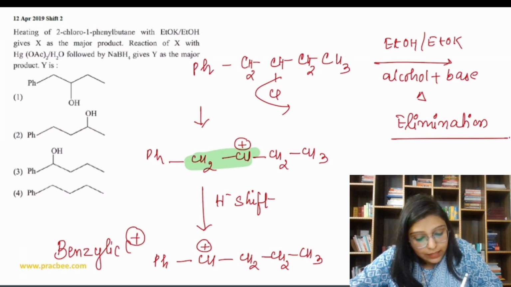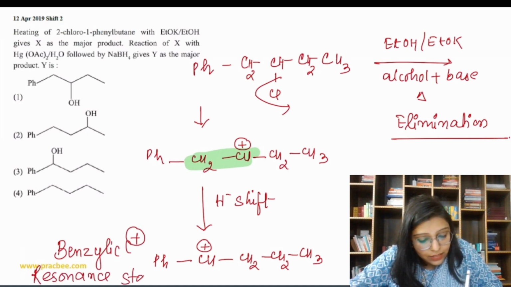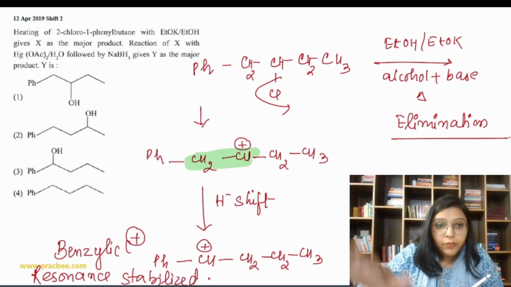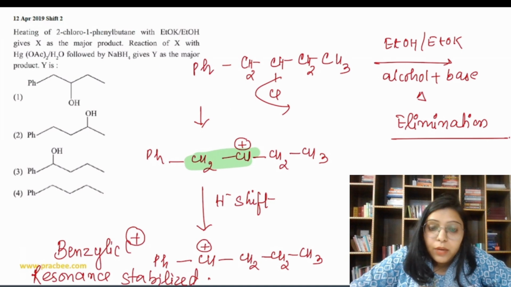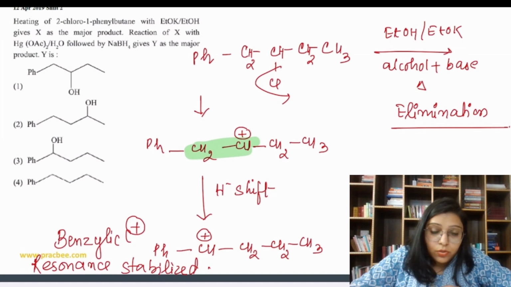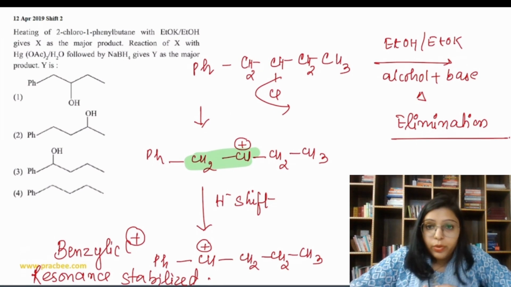Benzylic carbocation is resonance stabilized, right? That's why we have done the shift part. Theek hai? Now we have to form Saytzeff alkene, right? So where do we get alkene? So from where we are going to form alkene?